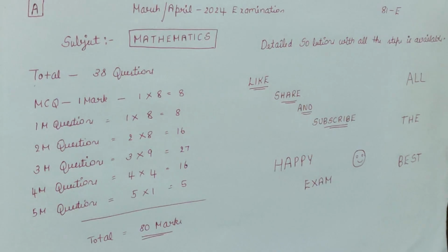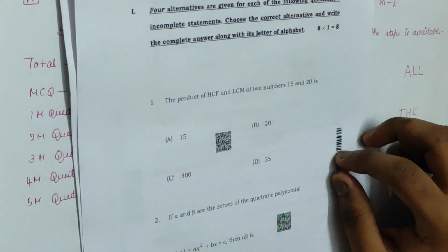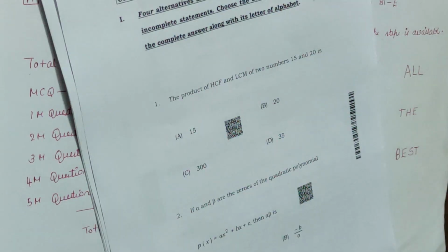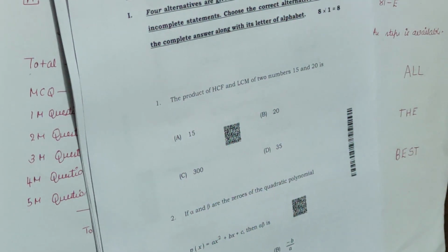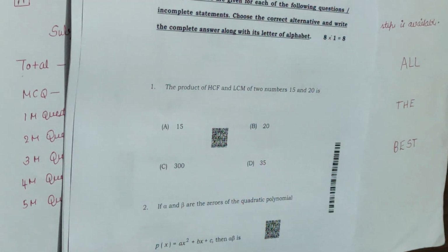So we'll start with 1 mark MCQs. Now we'll see the first question. In this MCQ, the first question is the product of HCF and LCM of two numbers 15 and 20.